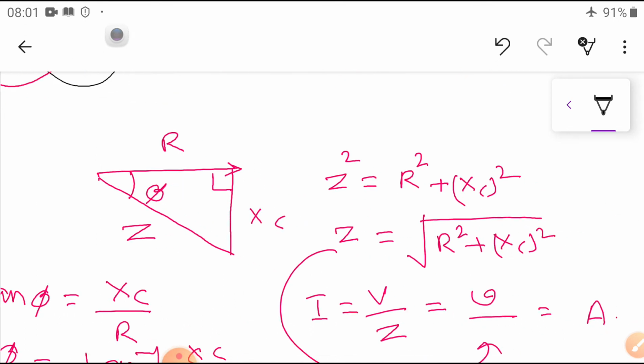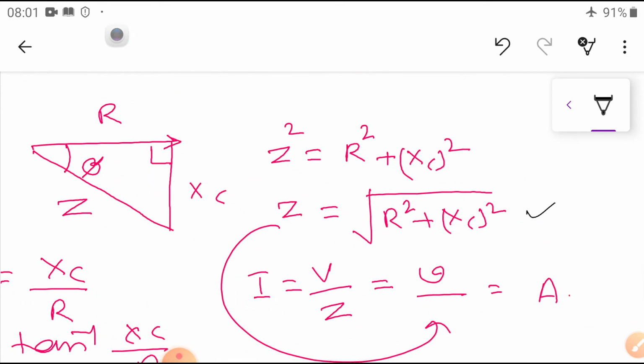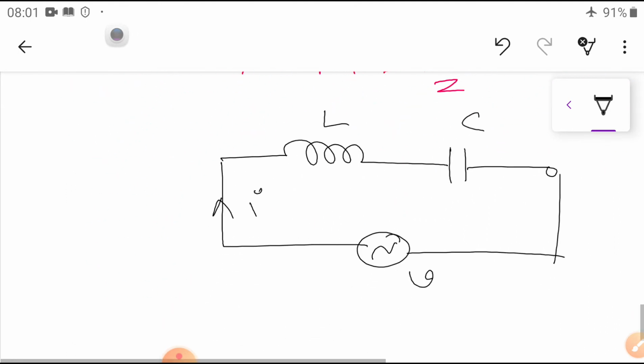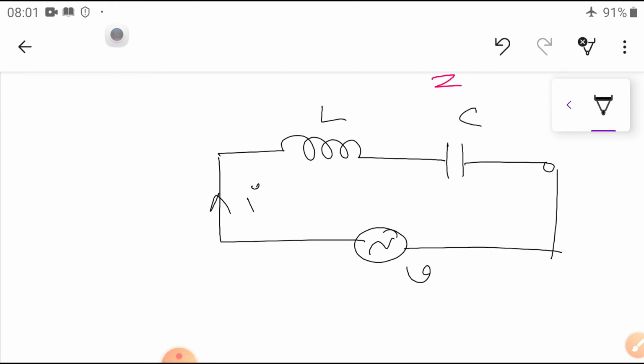If you know the current, I can know the phase angle and the power factor. If both are connected, similarly you find Z and the current. So everything is the same. Dear students, draw the vector diagrams, everything is similar.